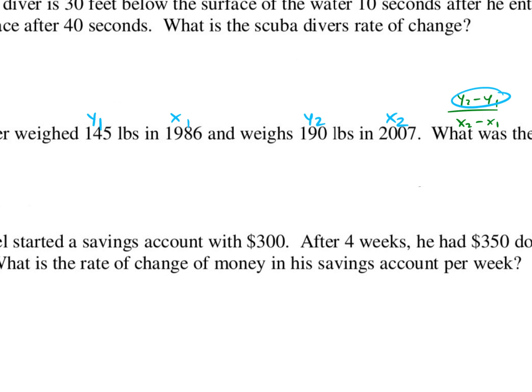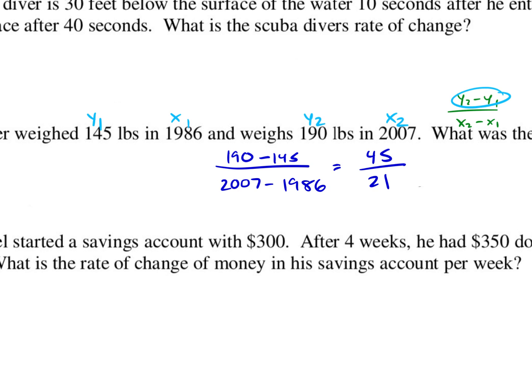So let's plug it in. We have 190 minus 145 over 2007 minus 1986. 190 minus 145 is 45. 2007 minus 1986, 21.